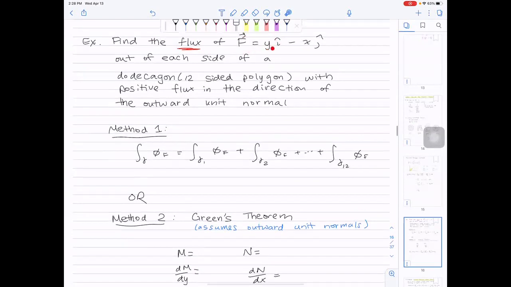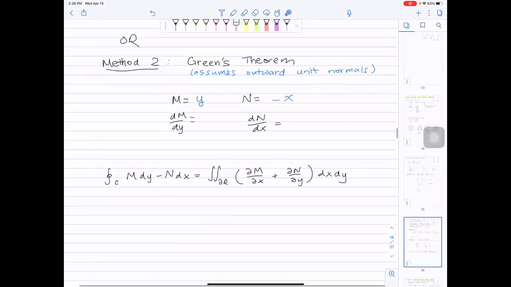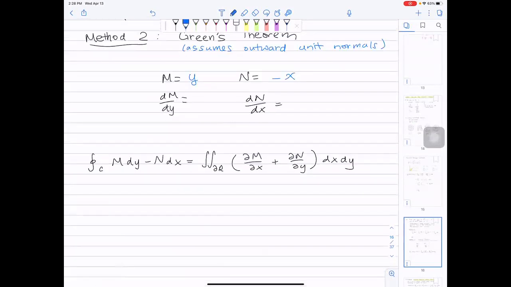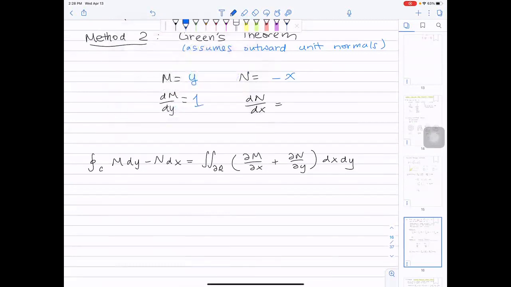So our function, the m term is going to be y, the n term is -x, using my vector field. And let's use Green's theorem to find this integral. The partial of n with respect to y is going to be 1. The partial of n with respect to x is -1.